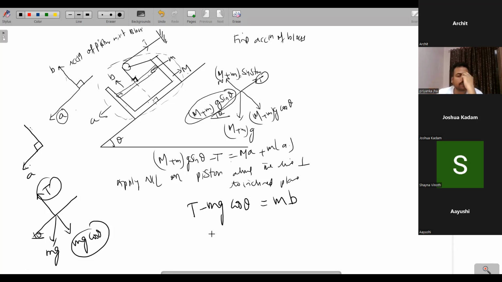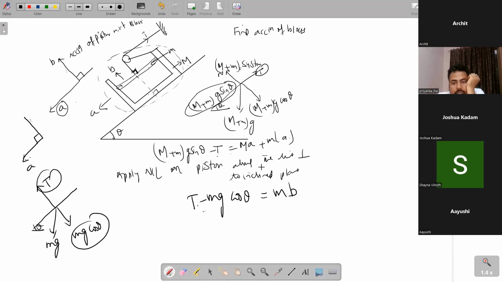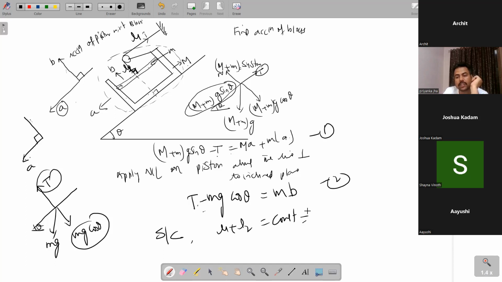Now we have three unknowns T, A, B, but we have only two equations. Now we can see that there is a string involved in this, so we can use the string constraint. See, suppose this length is L1 and this segment length is L2. So L1 plus L2 is constant, just differentiate it twice. d2L1 by dt square plus d2L2 by dt square equal to 0. Now you can see that this block is going down.